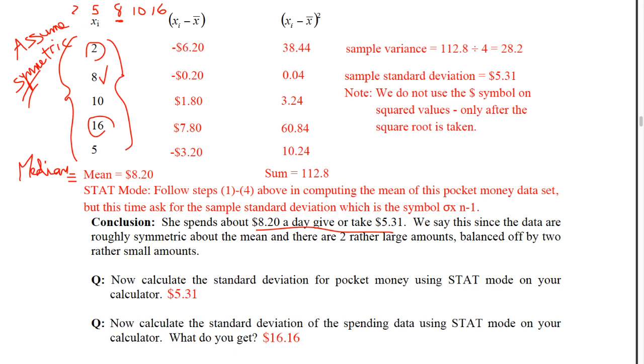So $8.20. I don't know how to change the pen color on this. So it's $8.20 plus or minus $5.31. That is what I mean. So make an interval to show me the lower and the upper bound of that interval.